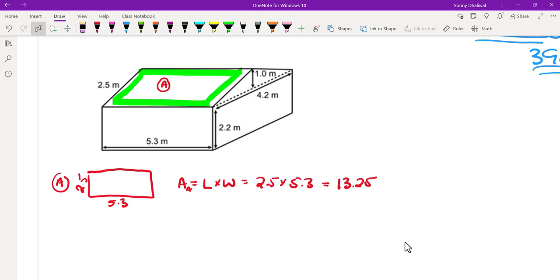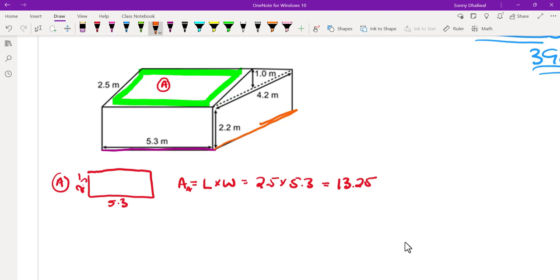Because the bottom is this side and this side, which is 4.2, not 2.5. So A does repeat itself, but where?